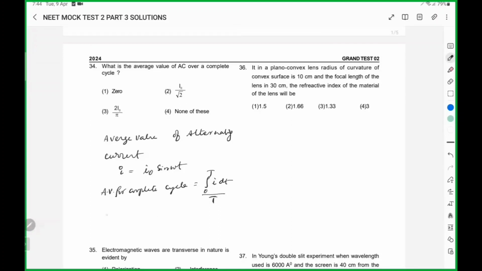Here it is integral 0 to T of I naught sine omega t dt by T. The sine graph will be like this. For half the cycle it is positive and the sine graph is symmetric about the x-axis. For the remaining half cycle it is negative. So the integral 0 to T of I dt becomes 0.